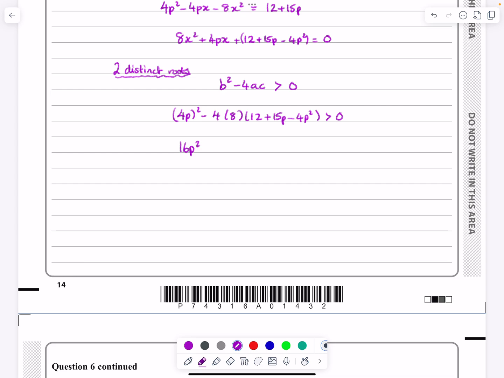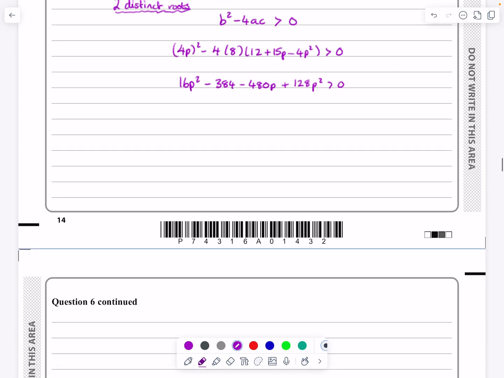So 16p squared, then 32 multiplied by everything in the bracket, or minus 32 multiplied by everything in the bracket. So minus 32 times 12 is going to give me minus 384. Minus 32 times 15 is going to give me minus 480p, obviously. And then minus 32 times minus 4p squared will cancel out to be plus 128p squared.